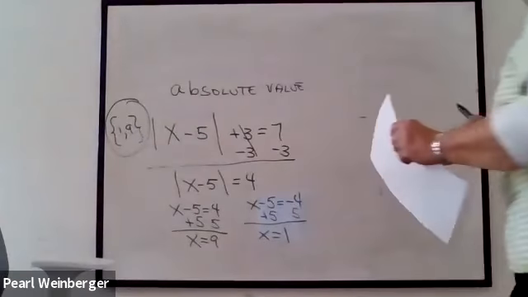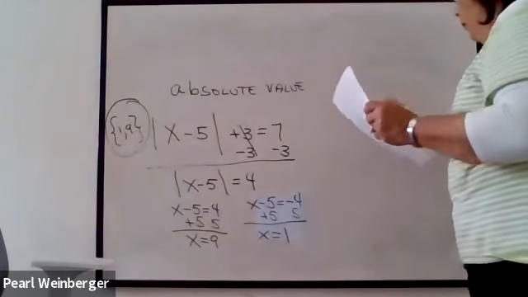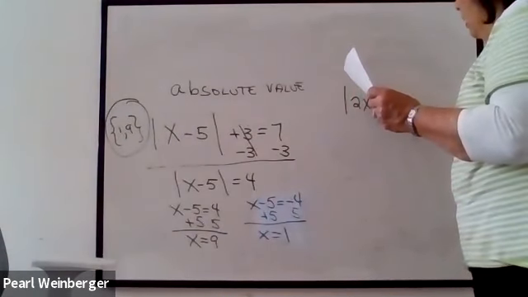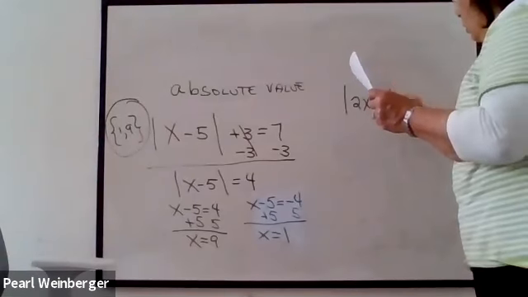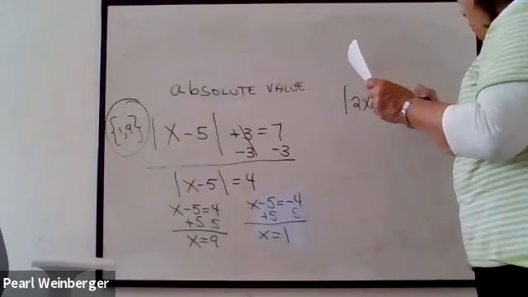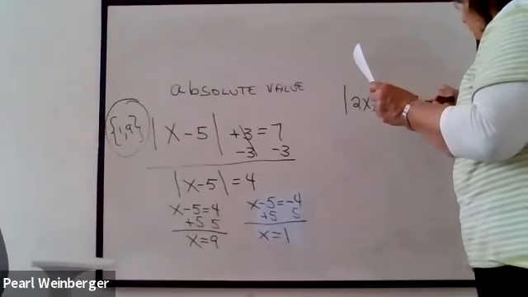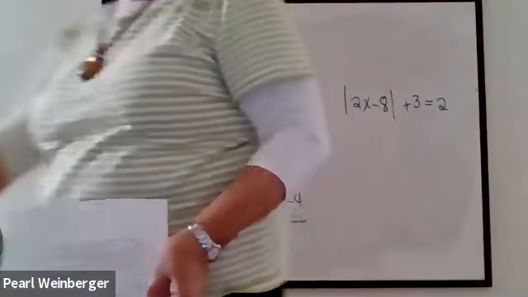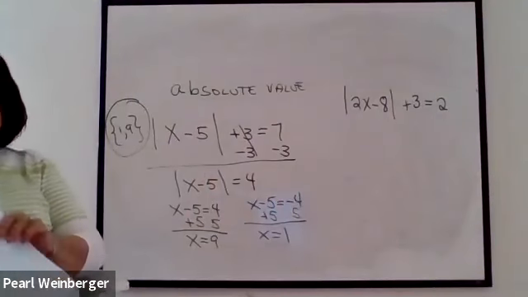Let's say I gave you this example. The absolute value of 2x minus 8 plus 3 equals 2. Okay, I'm going to give you a few minutes to try that on your own.